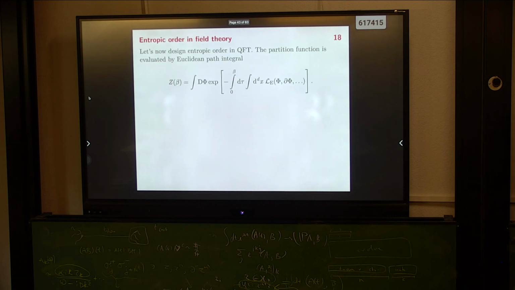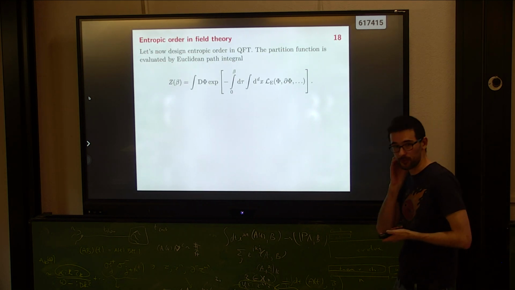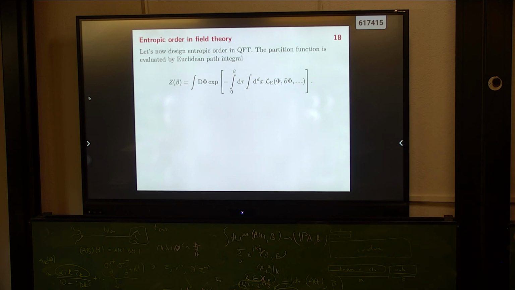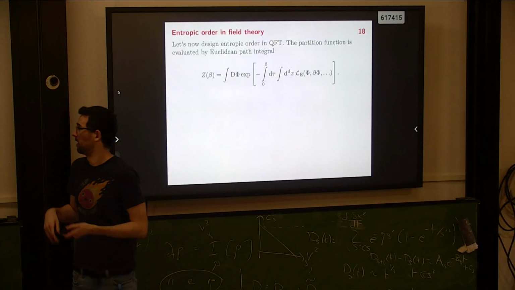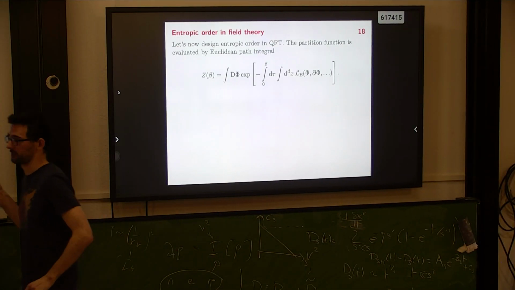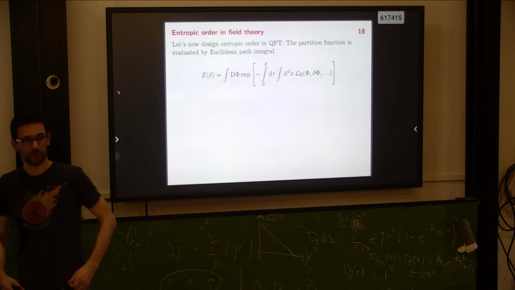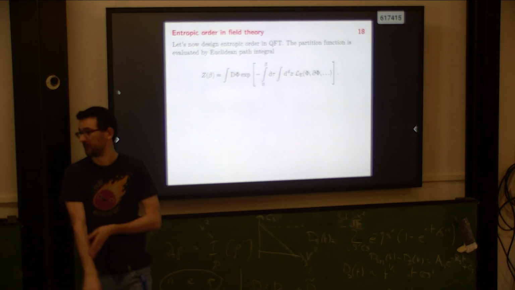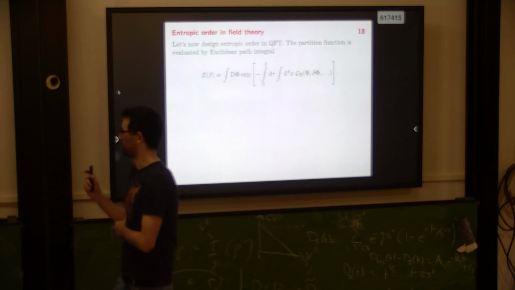For the last part of my talk, I want to go back and give the effective field theorist perspective on entropic order. Now that we have a simple understanding of this phenomenon in these lattice models, let's understand from a field theorist perspective what's going on, and let's explain this weird field theory that I introduced earlier in the talk.